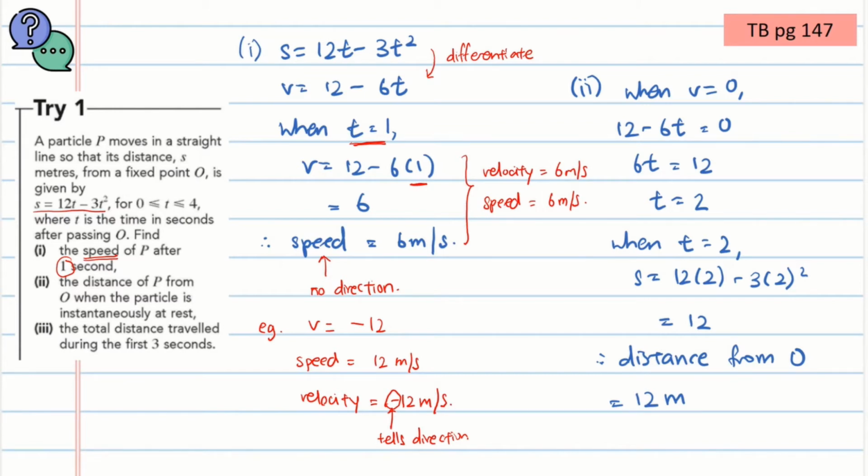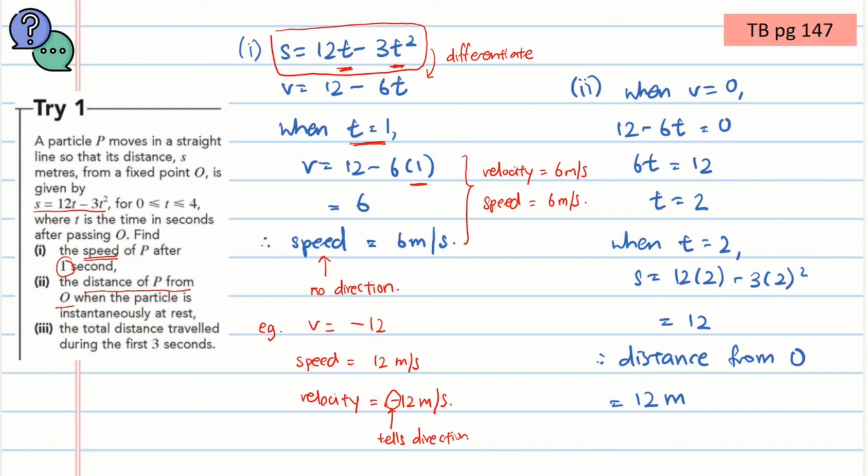Moving on to part 2, which is found on the right side of this screen here. So we have to find the distance of P from O when the particle is instantaneously at rest. So distance of P from O actually refers to the displacement. So since we want to find out what is the displacement, I will definitely need to know what is the t value so that I can substitute the values respectively into this function over here.